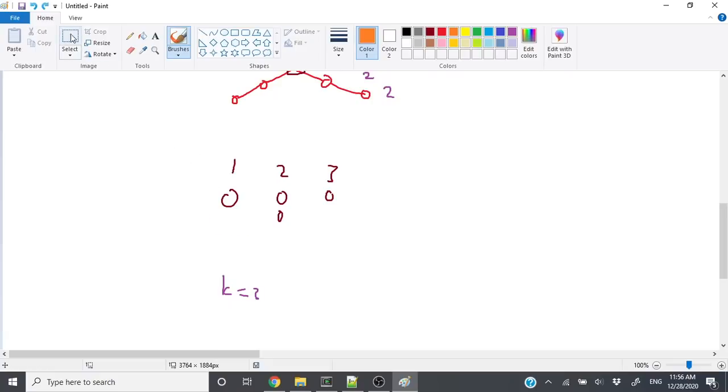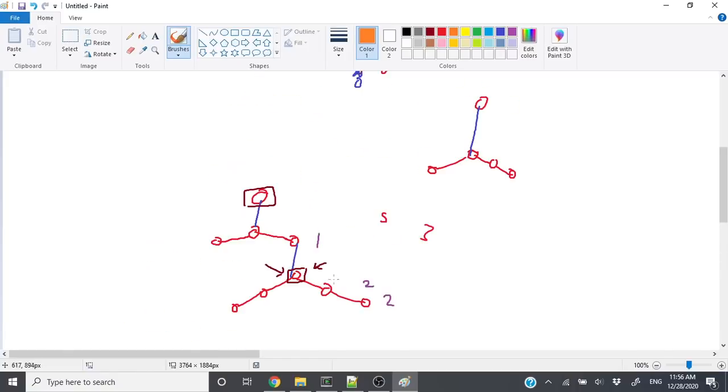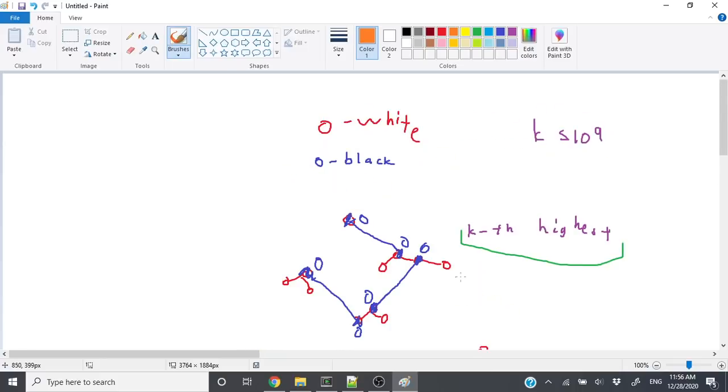What I'm implying is that we can binary search on the answer. So we do binary search. And with the binary search, because we have an ordering to place the chains, it's just simulation.